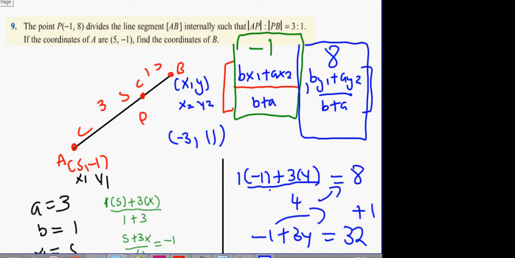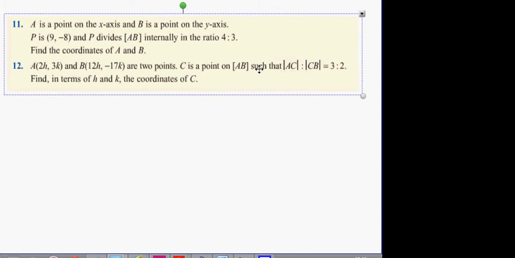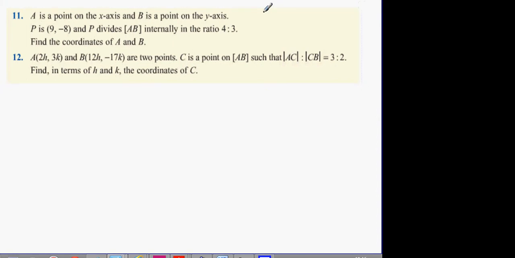Okay guys, continuing on. Number 11. A is a point on the x-axis, B is a point on the y-axis. If that is the case, call the x-axis point (x, 0), call the y-axis point (0, y). P is (9, -8), and it divides AB internally in the ratio of 4:3.